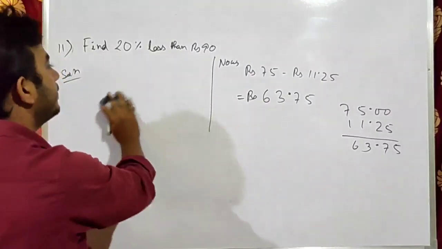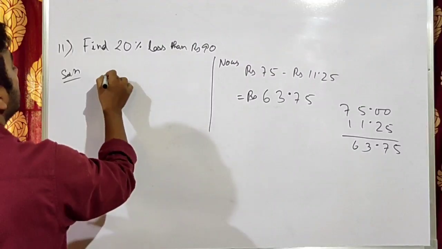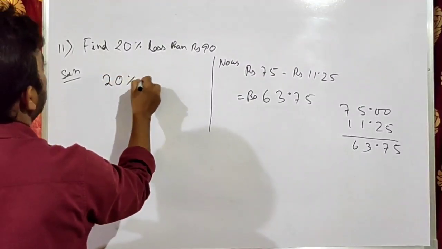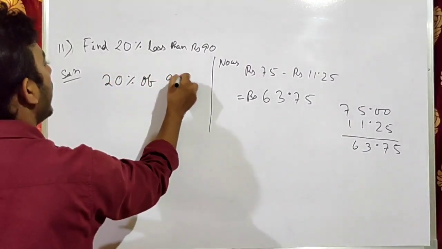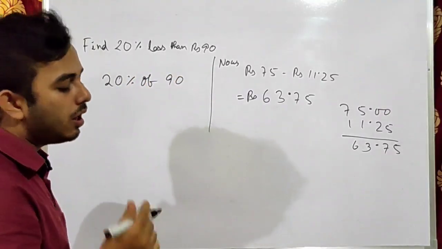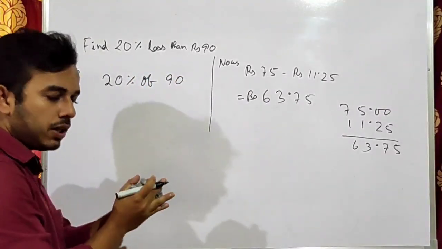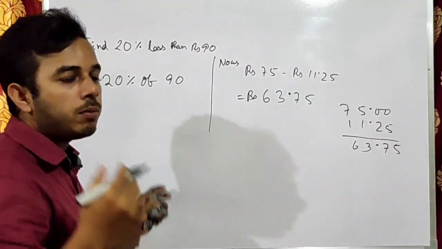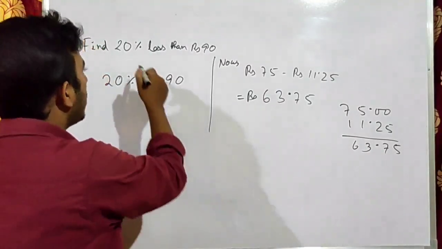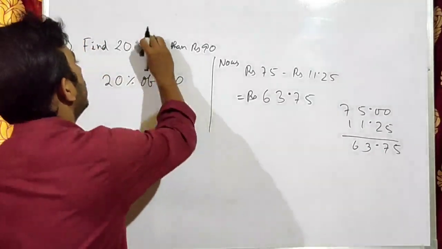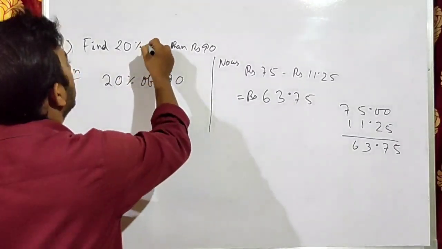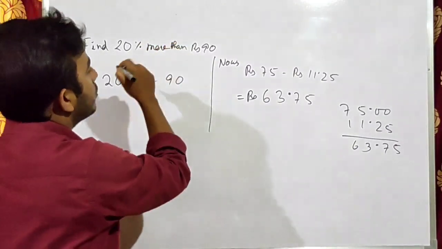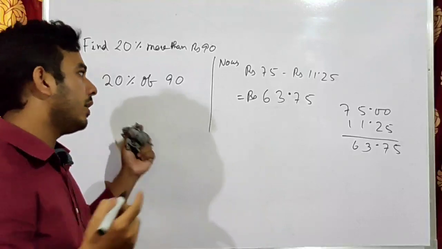If we first find 20% of 90, a particular number will come, and then if we add, we will get the result.